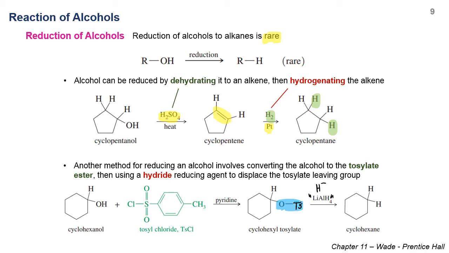But you can think of it as a nucleophilic hydride source that can attack and kick out the tosylate group, and therefore you can replace the tosylate group with hydrogen, and at the end you change from alcohols into alkane. But this kind of transformation is quite unusual and not very common.